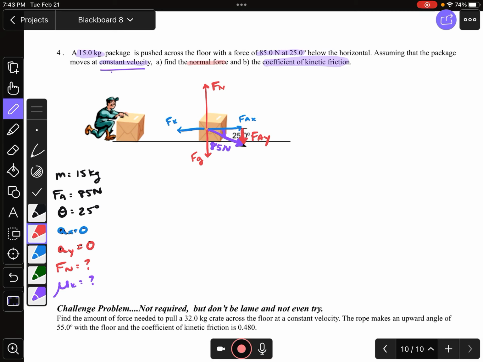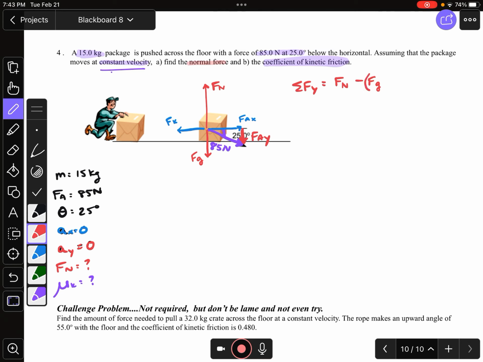So next step, I'm going to do the sum of the forces in the Y direction. And this is where we have kind of fallen off a little bit in class. We have Fn pointing up, and then it's minus the forces going down. So we have minus Fg. And I saw a lot of people putting a plus Fa because it's Fg and Fa.